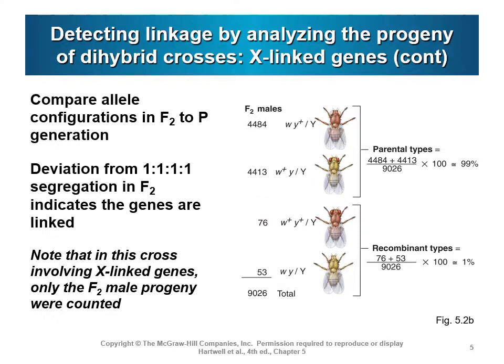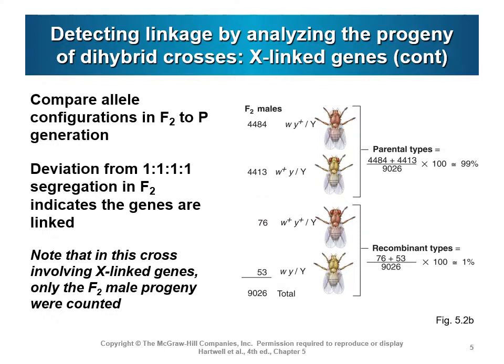As we remember from the previous slide, mother had W Y plus and W plus Y, so the progeny gets either W Y plus or W plus Y. When genes segregate independently, the probability of getting any of these four combinations is 1 to 1 to 1 to 1.